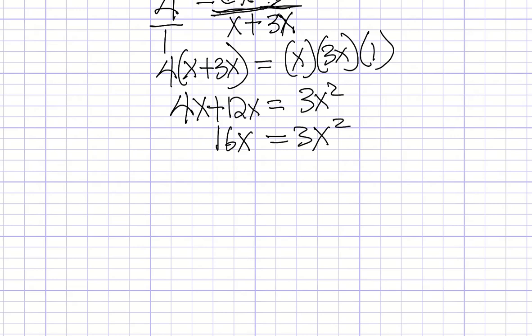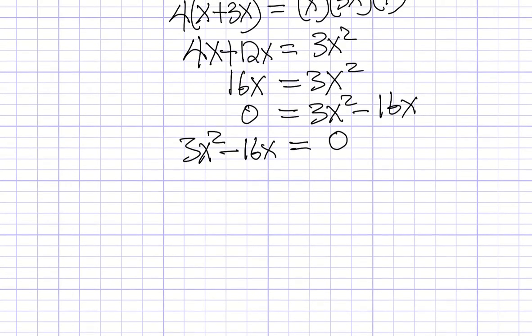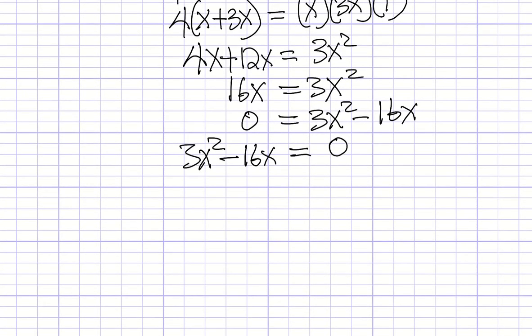There are many ways you can solve this, but I want to do it the proper way. If you're in a hurry, you can cancel x on both sides and move on, but let's not do it that way. Let's do it the way we've been doing it, so I don't confuse you. Move that thing from the left to the other side. You have 3x squared minus 16x equals 0. I didn't change anything, I just moved things around. Make sure you understand what I'm doing.